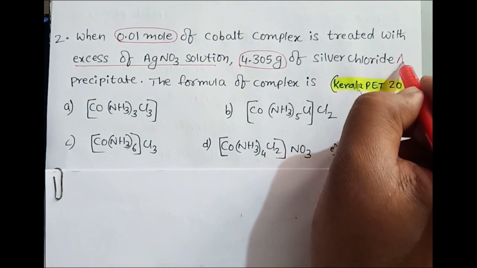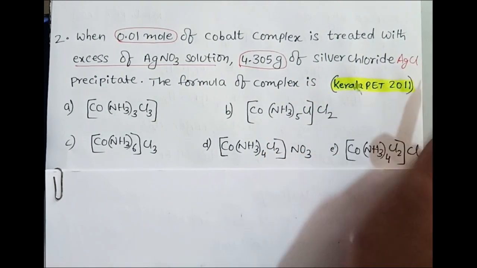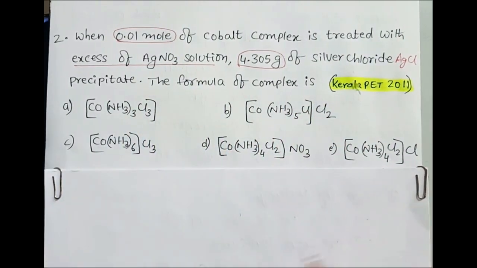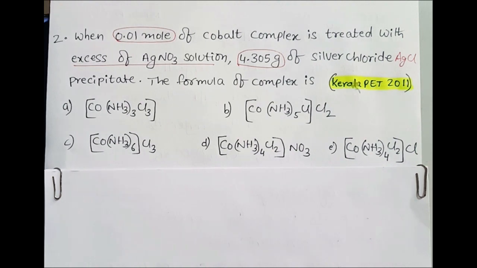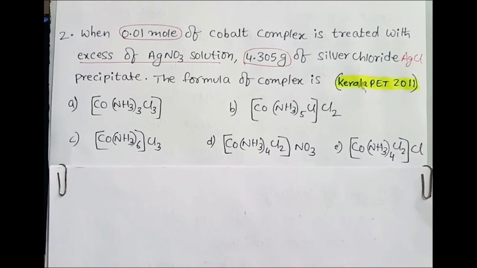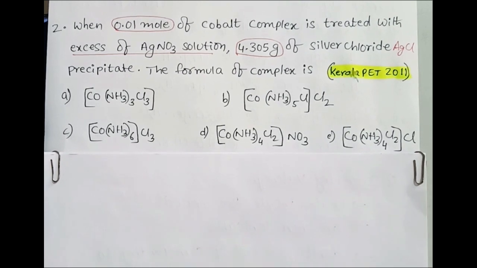The silver chloride formula is AgCl. So what is the formula of the complex? If you want to give it a try, pause the video and put your answer in the comment box. Meanwhile, I will explain here.